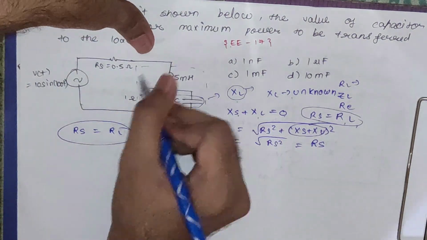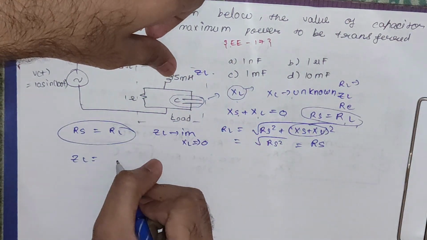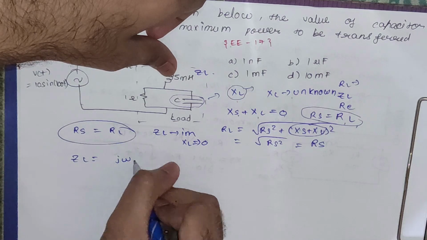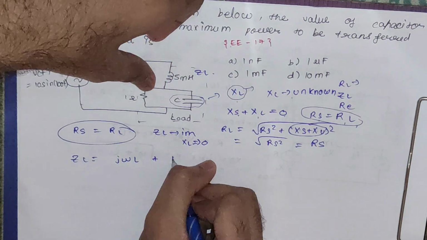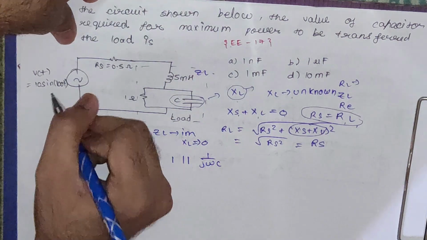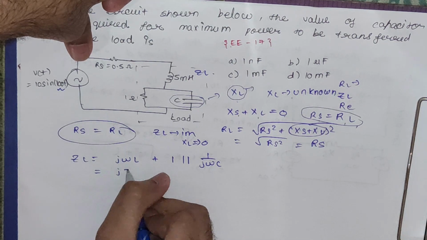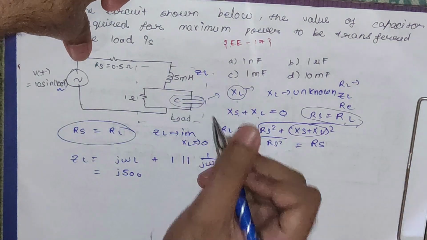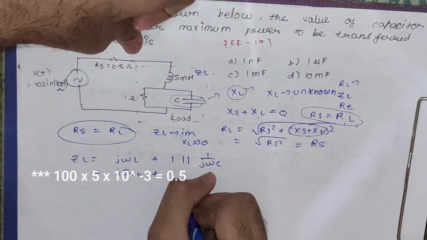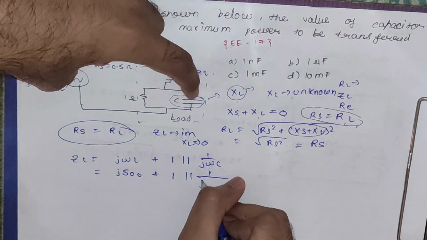So here you can see this is your ZL. ZL is nothing but j omega L plus 1 ohm parallel with 1 upon j omega C. Omega here you have 100. So here we will get j500, 100 into 5, plus 1 parallel with 1 upon j 100 C, as omega is 100 and C we don't know.